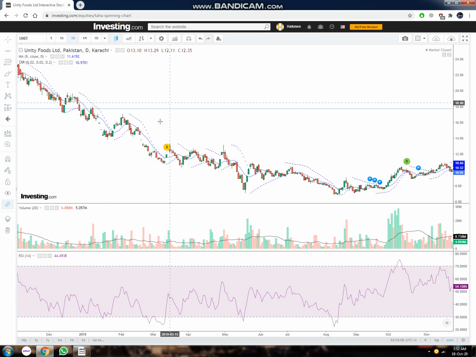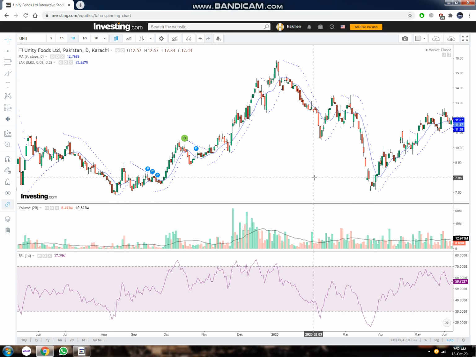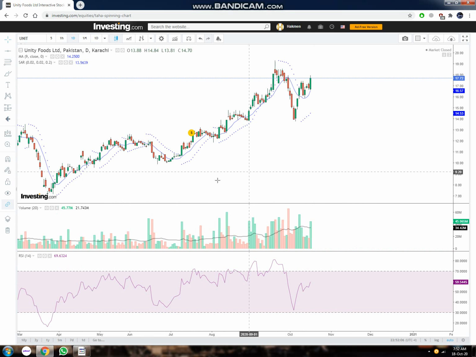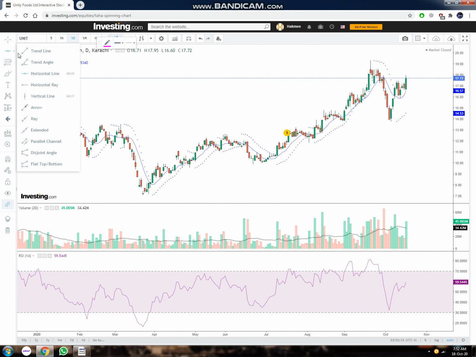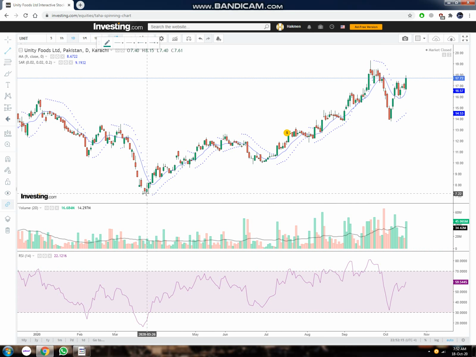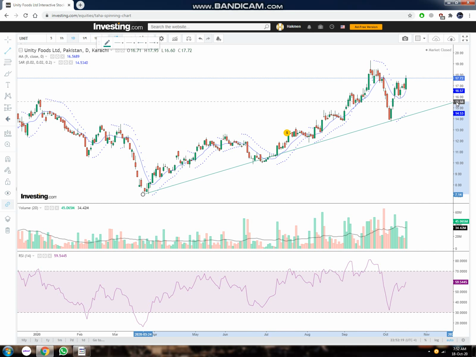So first of all, it's most important that you recognize the trend, whether it's bullish or bearish.